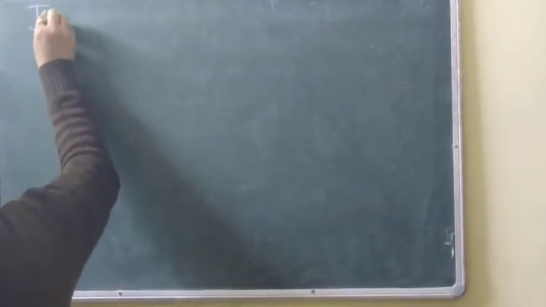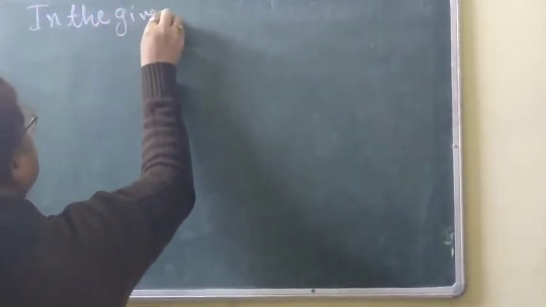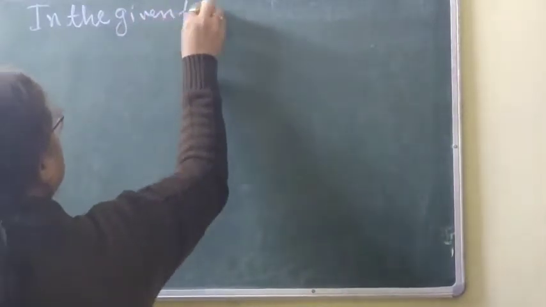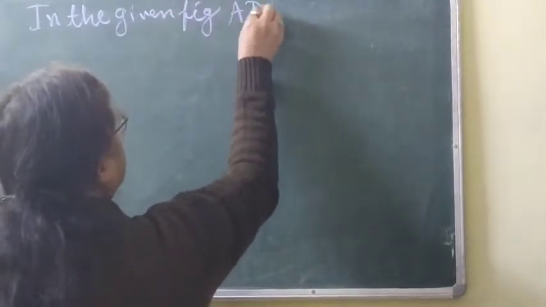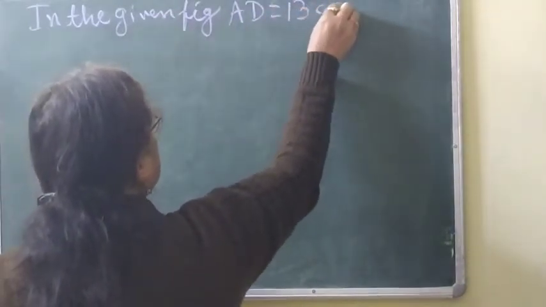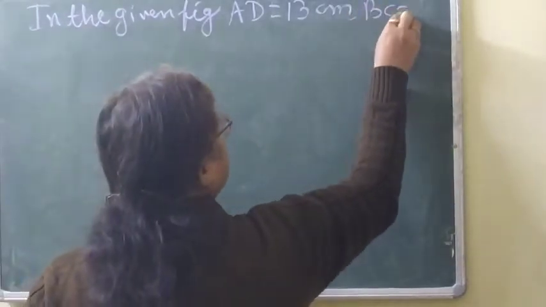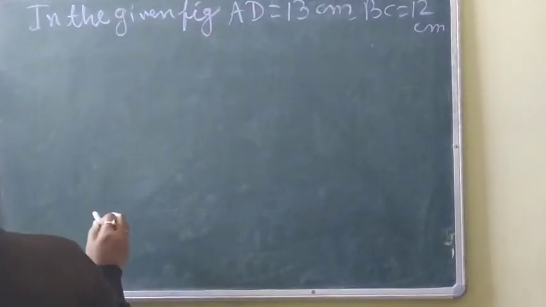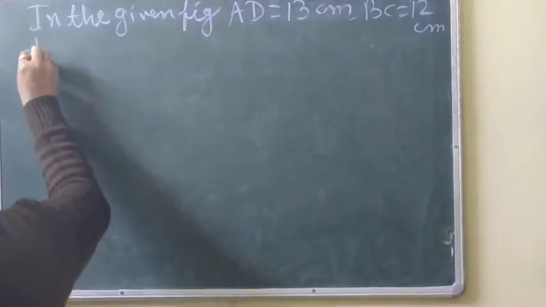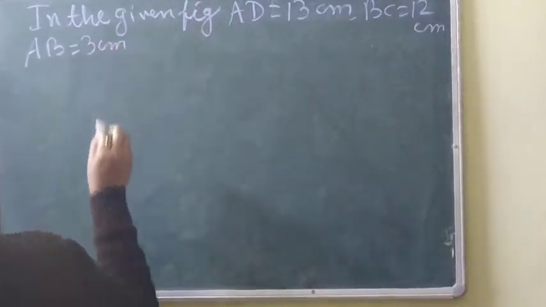So the next question is, in the given figure, AD is 13 centimeter, BC is 12 centimeter, AB is equal to 3 centimeter.